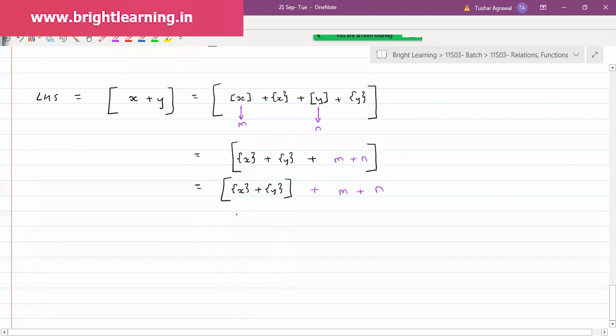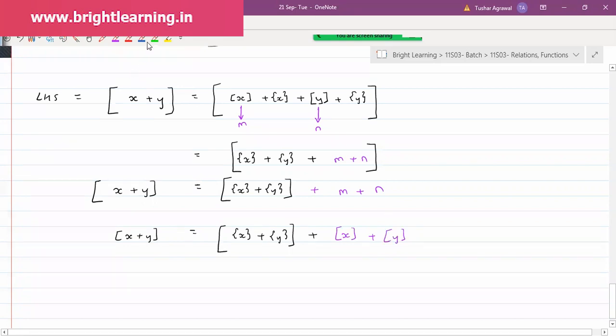Now for equality to hold true, step of x plus y is equal to, this is my problematic term which I want to get rid of, the step function of the fractional part of x plus the fractional part of y, plus these are my nice terms, step x and step y.